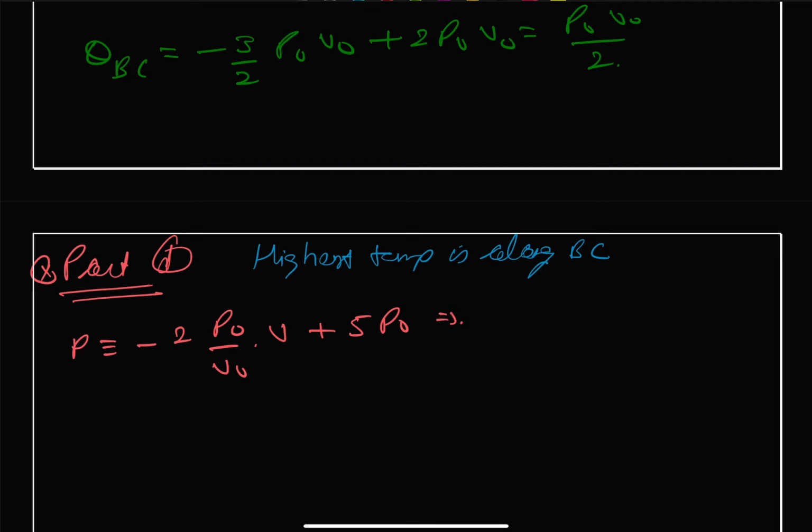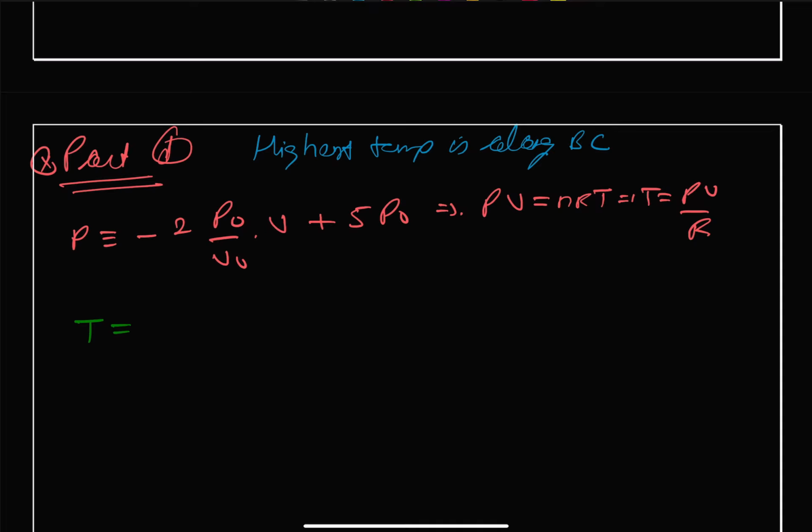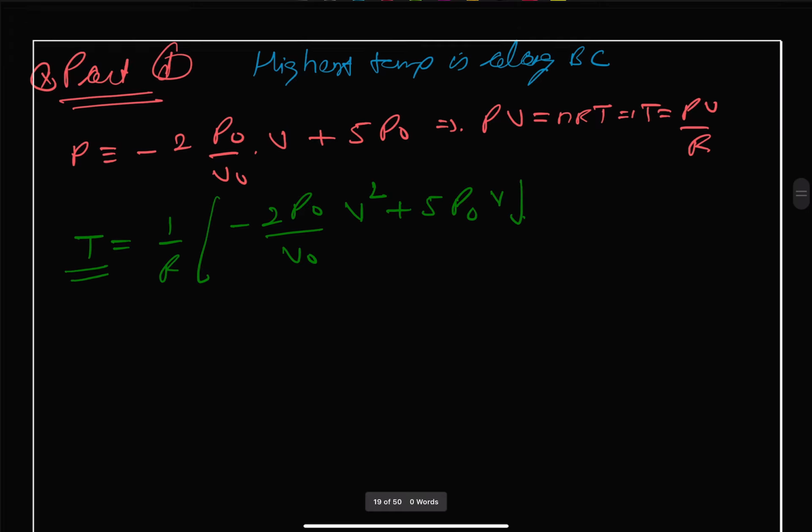And from the ideal gas equation, PV is equal to nRT, with number of moles 1, we can say T is equal to PV upon R. We substitute the equation of the pressure, so we get temperature T equal to 1 by R, times minus twice P naught V naught multiplied by V, so this comes as V square, plus 5 P naught times V. We have to find the maximum value, so we differentiate it.